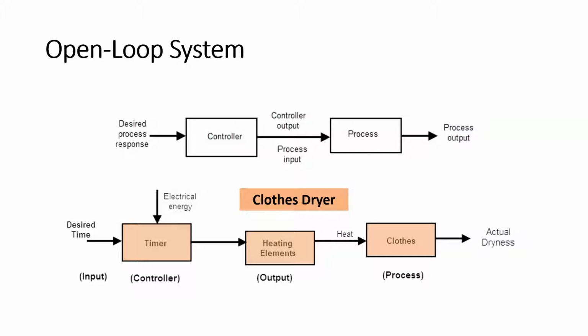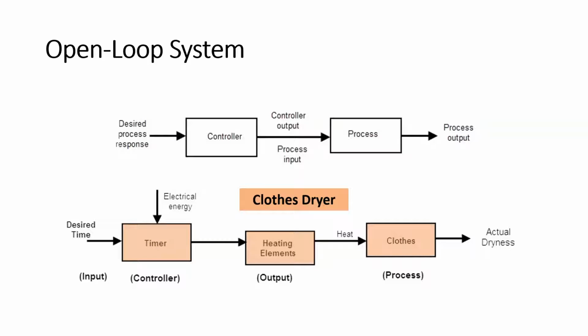Let's say a clothes dryer. A clothes dryer, especially one of the older clothes dryers, is a good example of an open loop system, right? How do we operate one of these old, tiny clothes dryers? Well, we're going to throw our clothes into the clothes dryer. We're going to set the time, so let's say we set it for 30 minutes. And we're going to hit the button on the front panel of the clothes dryer.